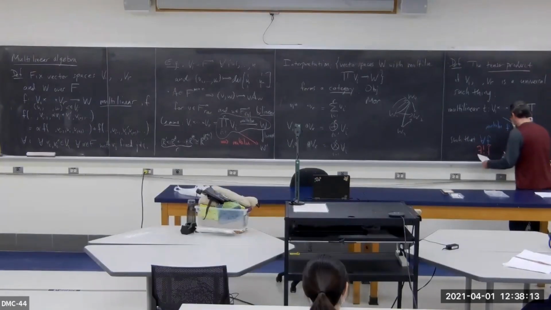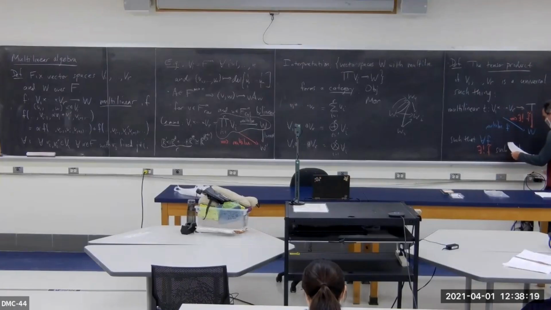So I should say that such that F is equal to, well, let's draw that color, F is blue. F is going to equal F tilde of T.